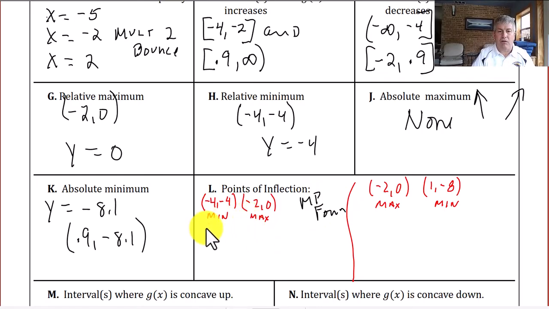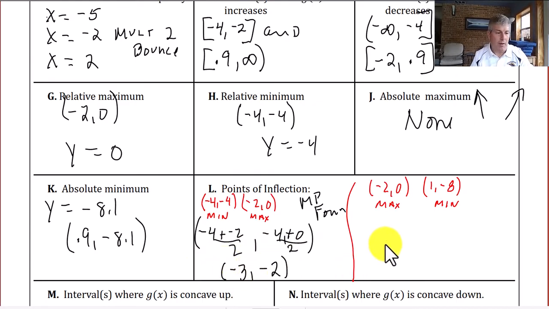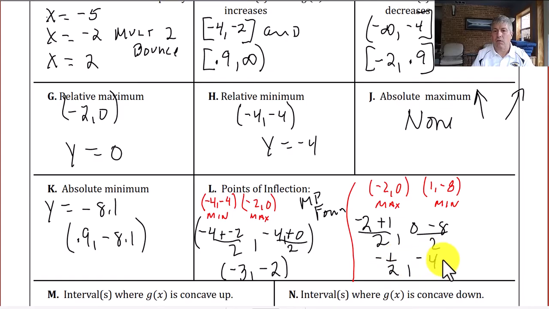So the average of our x's, -4 plus -2 over 2, and the average of our y's, -4 plus 0 all over 2. So -3, -2 is one inflection point, and the other inflection point, -2 plus 1 over 2, 0 minus 8 over 2, and that would be at -1/2, -4.